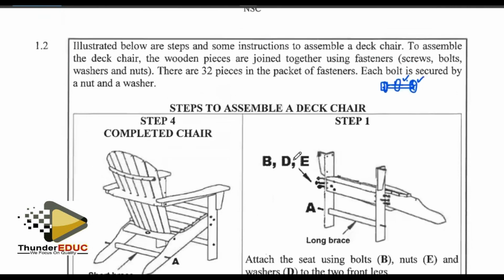Remember, they told us these pieces of a chair are joined together using fasteners, which include screws, bolts, washers, and nuts. And they are telling us that in only one packet we have 32 pieces.